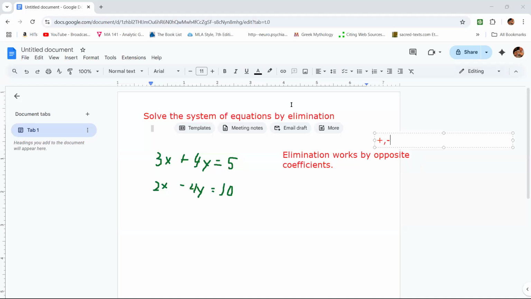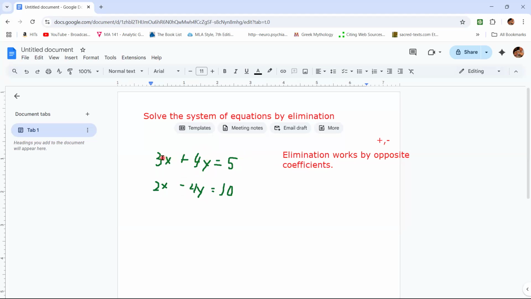If you look at this system, this y term has a positive 4. This is a positive 4y. This is a negative 4y. These are opposites, opposite signs.